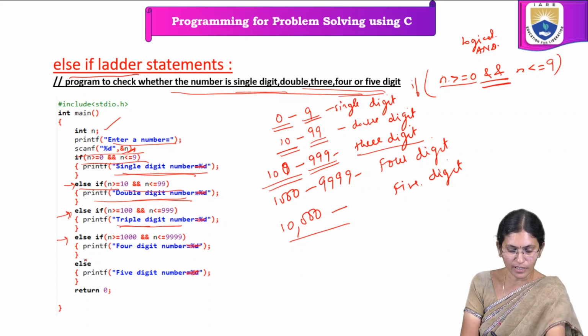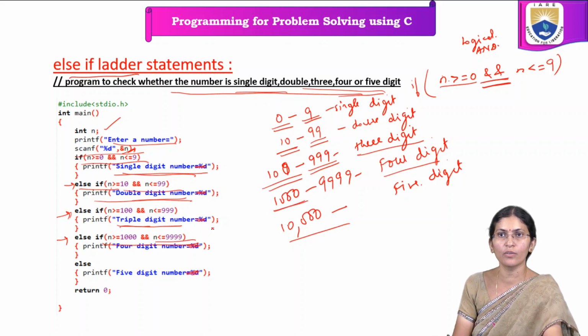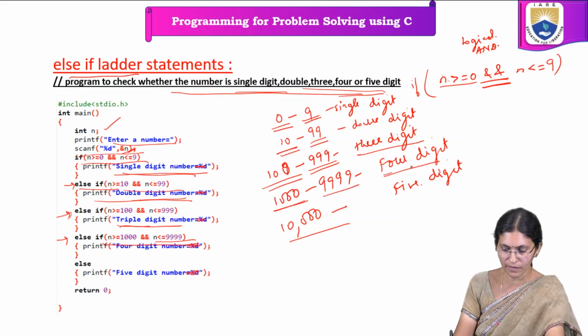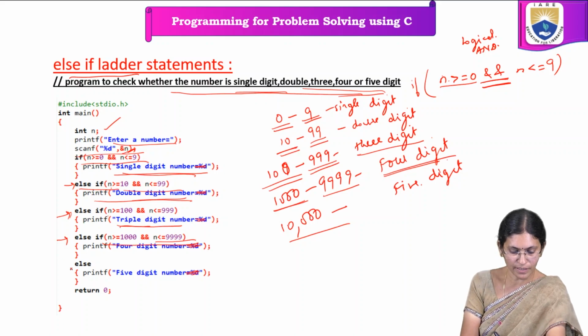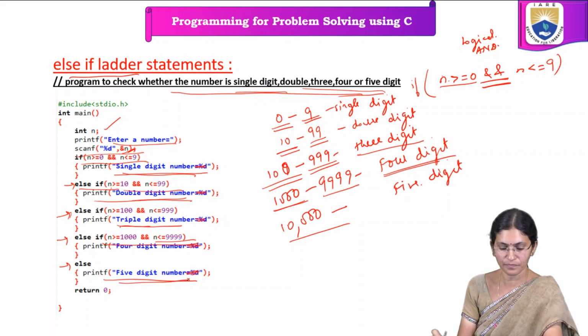Next, in the else if part, the condition is n greater than or equal to 1000 and n less than or equal to 9999, so it is a 4 digit number. Then in the else part, all the remaining numbers are 5 digit numbers.